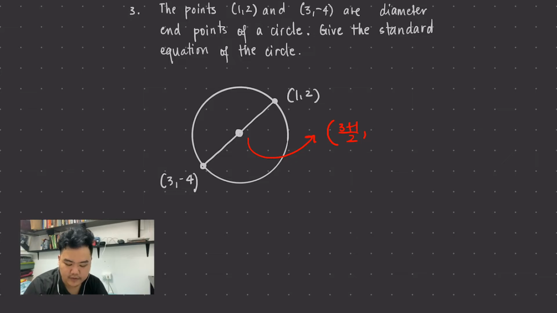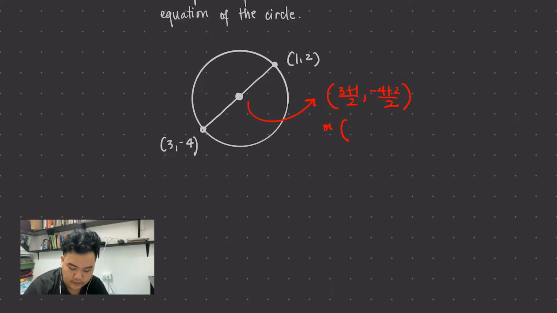And the y-coordinate is the sum of these two divided by 2. We get 4 over 2, negative 2 over 2, or (2, negative 1). So our center is (2, negative 1). This will serve as our (h, k).